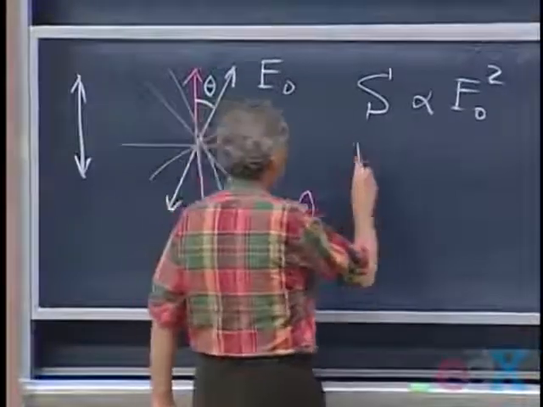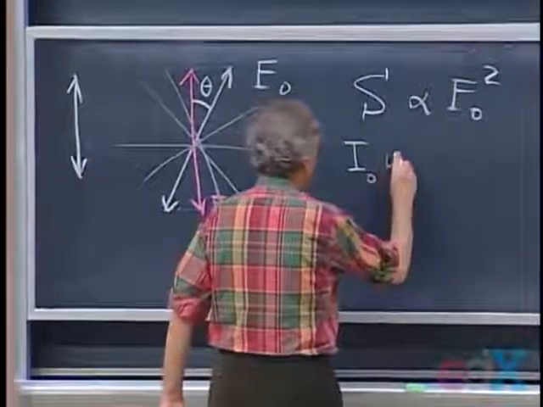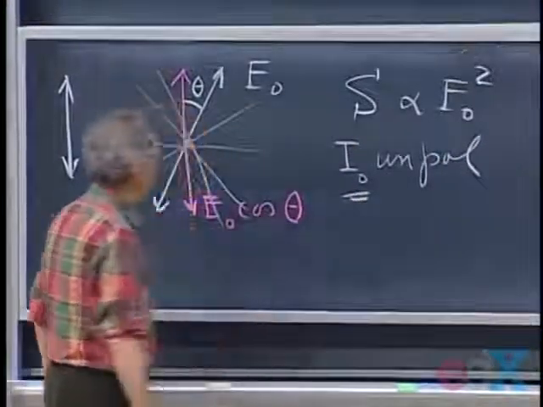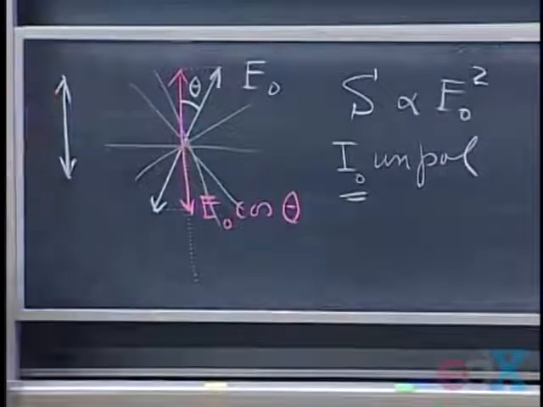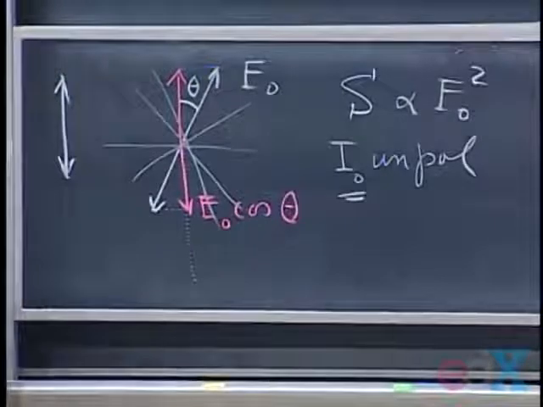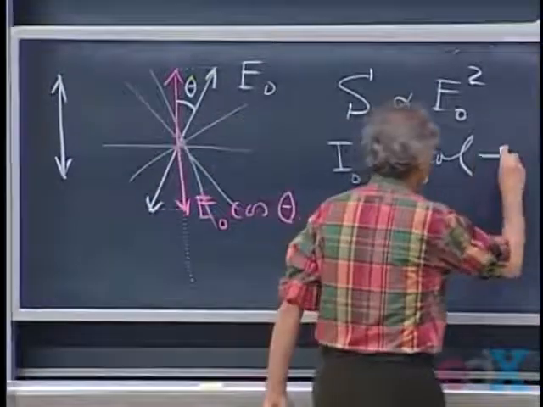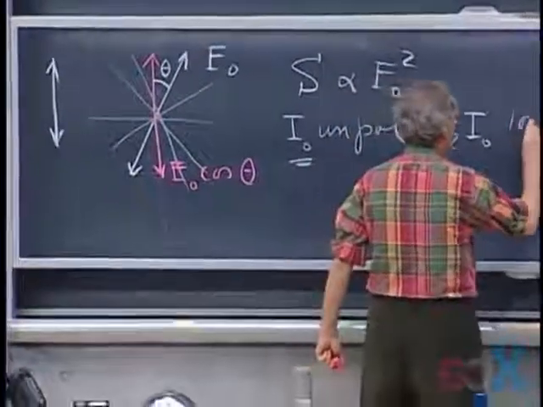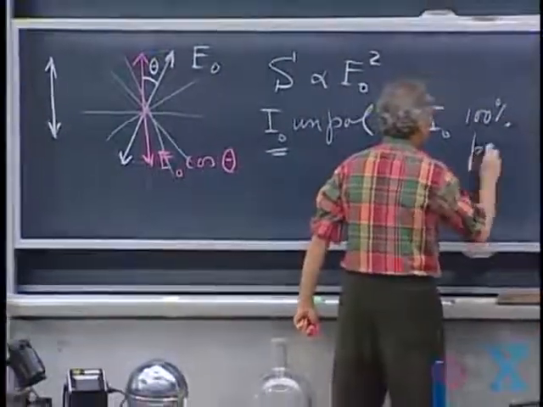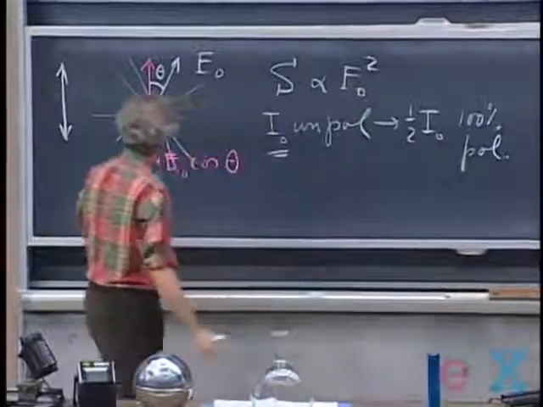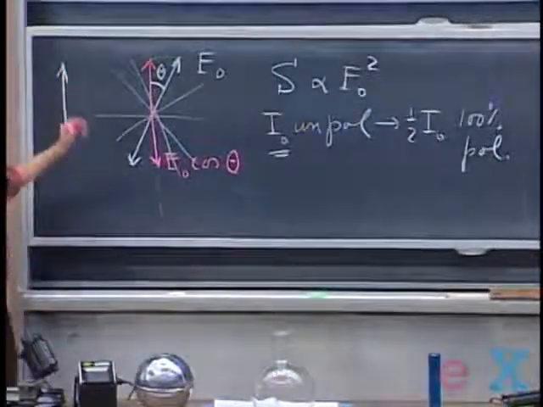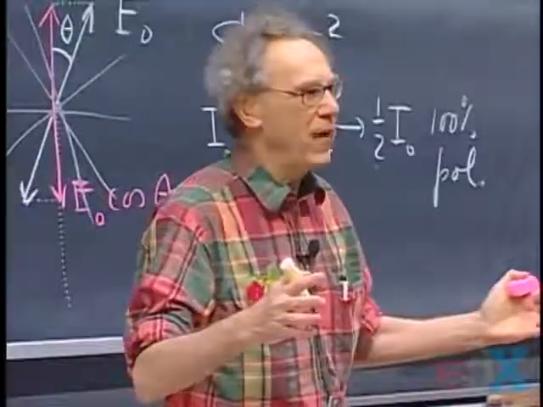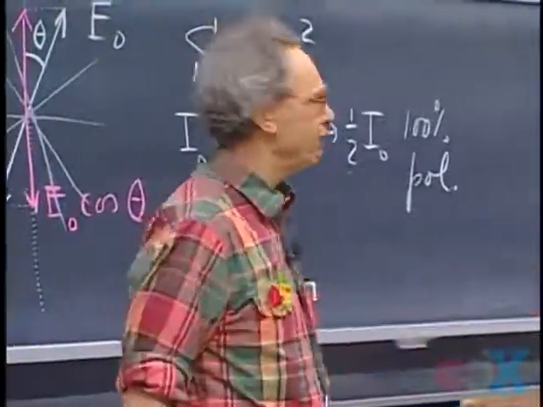And so if the intensity of the unpolarized light was originally I0, once it comes through this polarizer that Edwin Land gave me, then I get 1/2 I0, but that is now 100% polarized. And it is 100% polarized in this direction. And the 1/2 is the result of the average value of cosine squared theta.